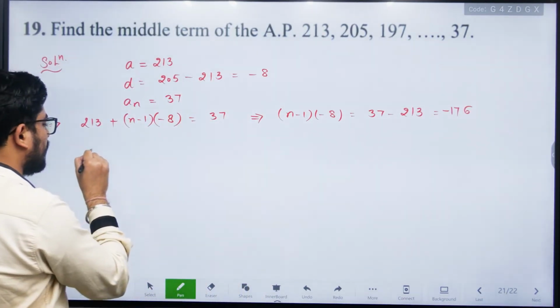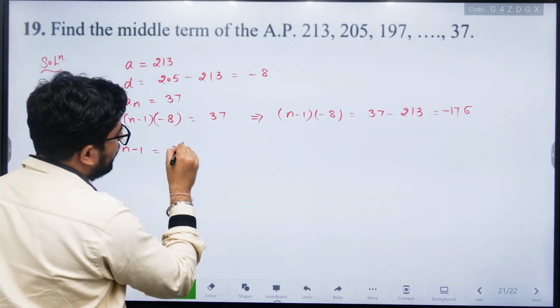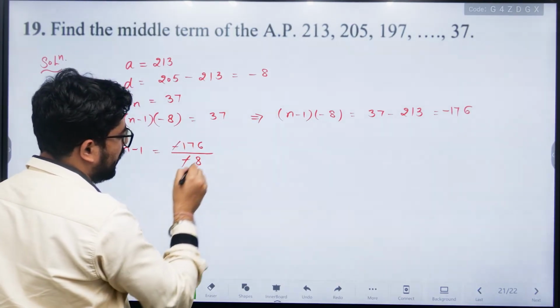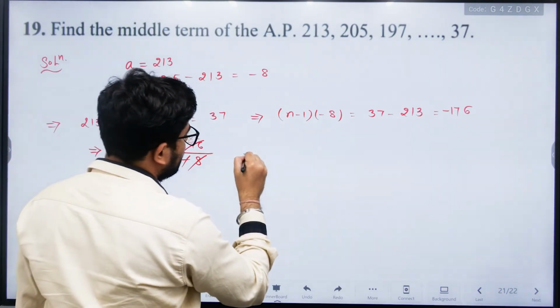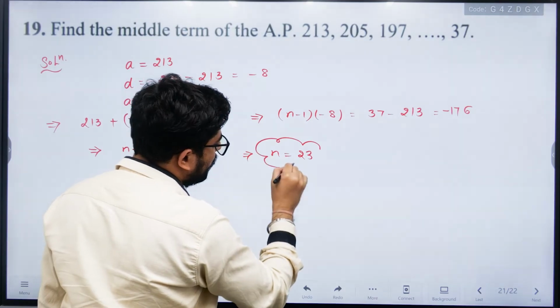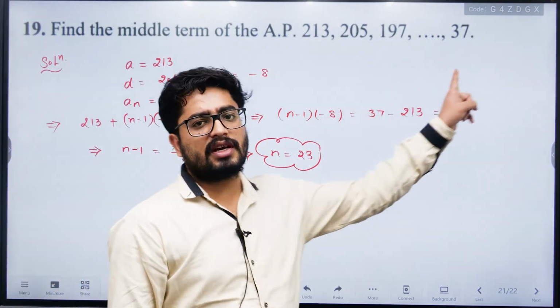Now if you divide both sides by minus 8, you get n minus 1 is equal to minus 176 divided by minus 8. You can cancel minus with minus, and this is 22. So n minus 1 is 22, so n is equal to 23. So the total number of terms is 23 here.